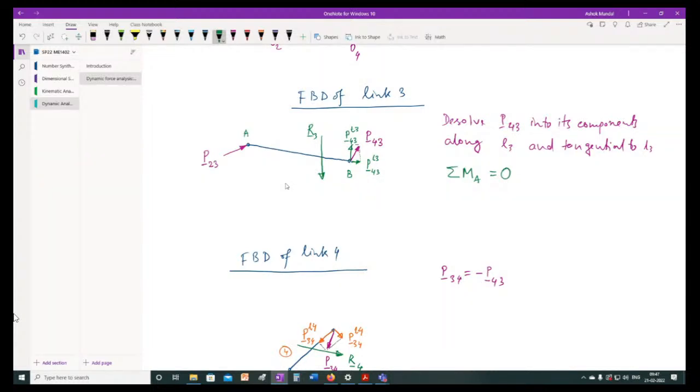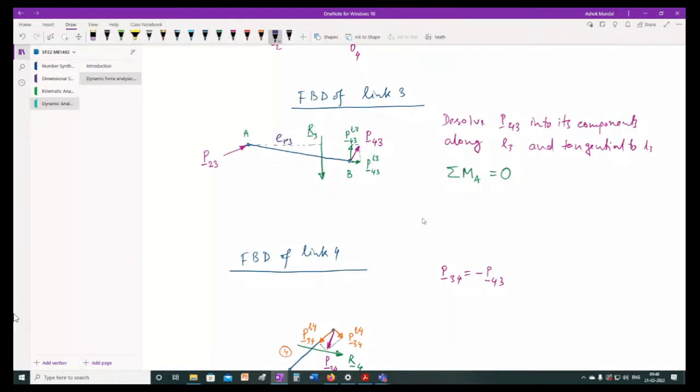So when we do that, we must take moment of all the forces. Let us take moment of this force R. To do that, we need the perpendicular distance from this line of action of R to this point, and suppose that distance is, let's say this distance is ER3.